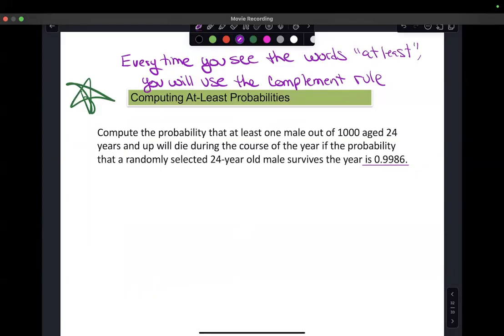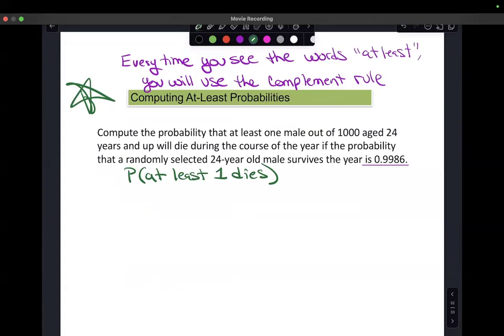We want to know: out of 1,000 males, what's the probability that at least one will die? So I'm going to start by writing that. The probability at least one dies.